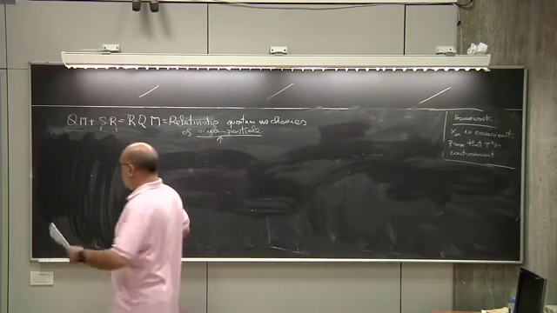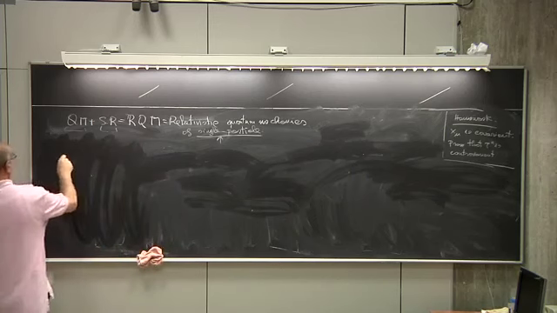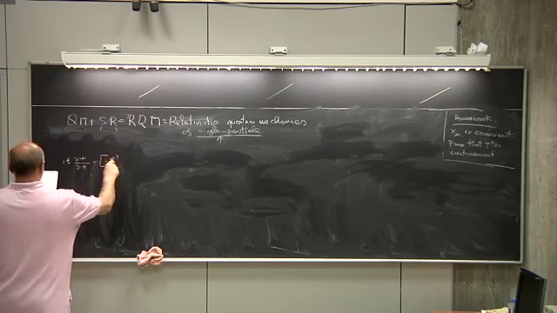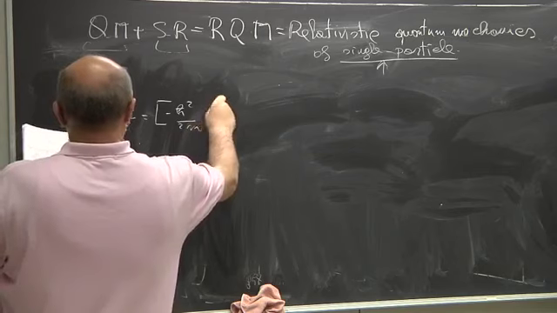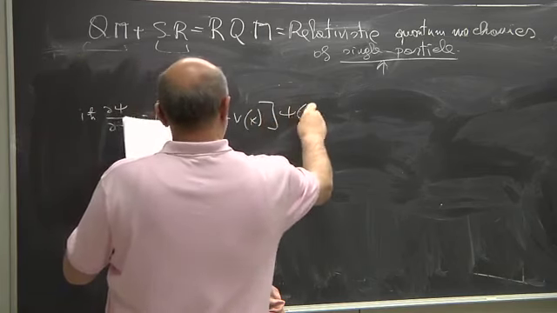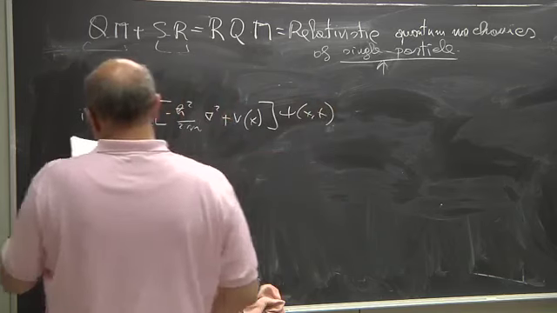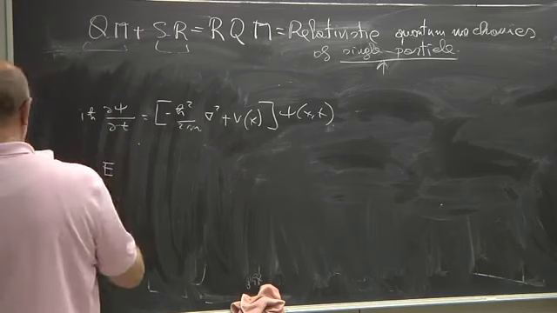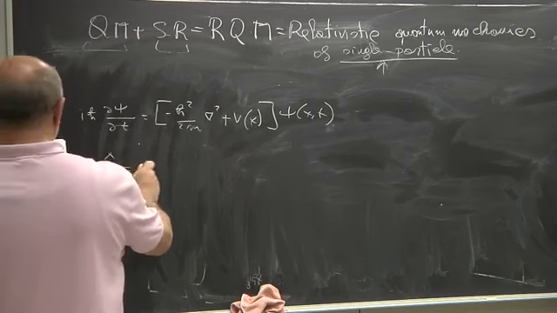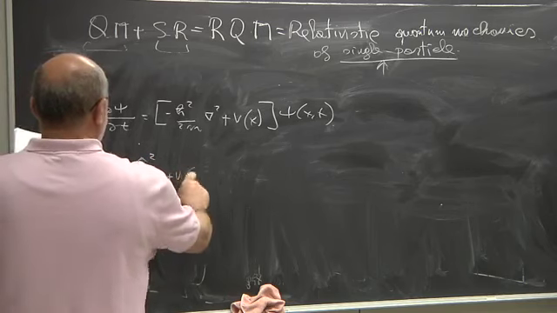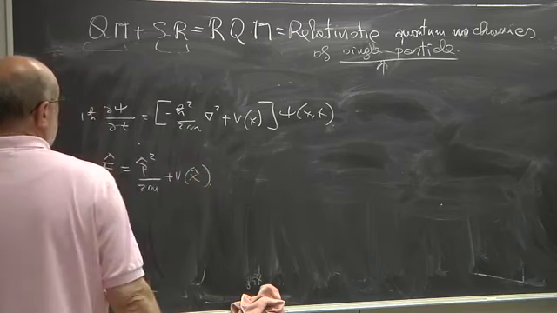Let's start in the non-relativistic case. In the non-relativistic case, the Schrödinger equation was i h bar d psi dt equals minus h bar squared over 2m times the Laplacian plus V of x, that is the potential, acting on psi of x and t. And we know that this somehow is the same as the energy operator being equal to the momentum squared over 2m plus V of x, okay?